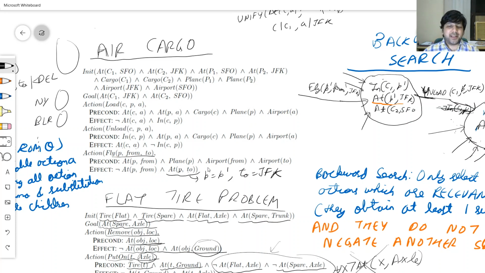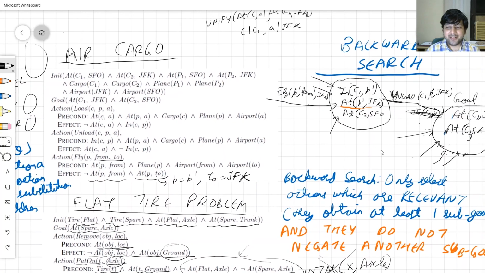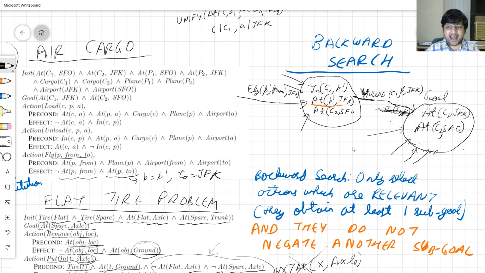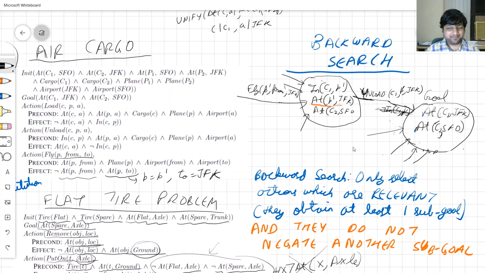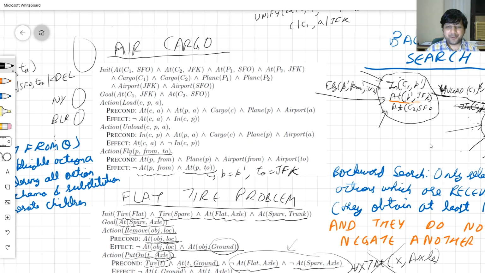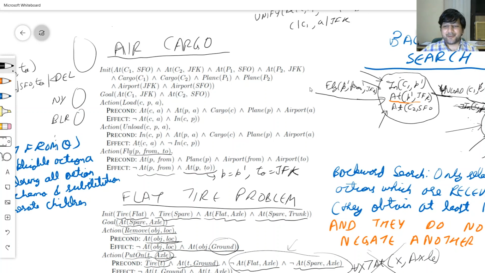And once I do that, there's a negative effect, so just check that you are not negating one of the applicable actions. The only constraint that I add is that, in order for me not to negate at p dash comma JFK, from dash cannot be equal to JFK.